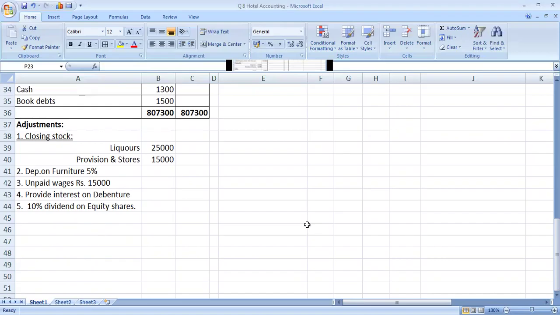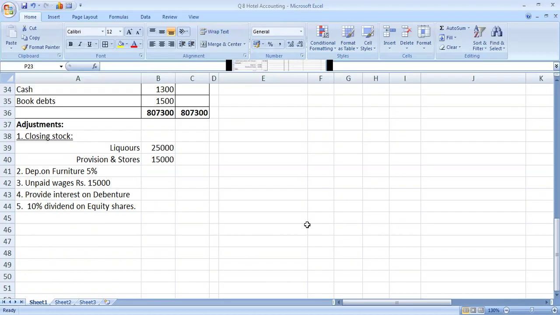Adjustment number 4, provide interest on debenture. I have already told you regarding the 4% debenture, that is the hidden adjustment, meaning complete this adjustment. Next, 10% dividend on equity shares. Equity share capital is 1,40,000 and 10% of it means 14,000.